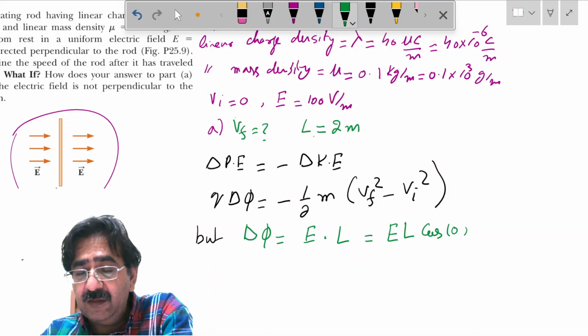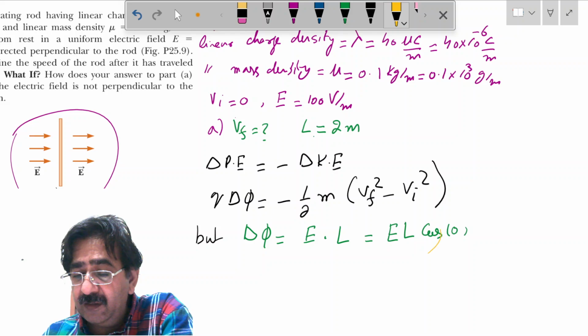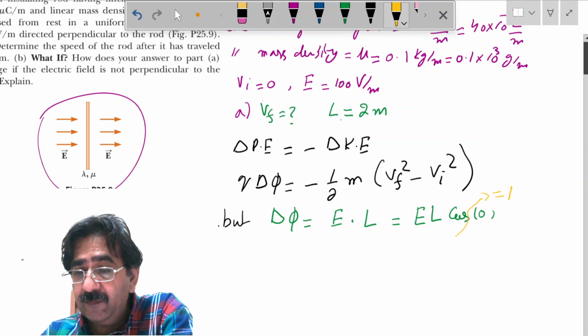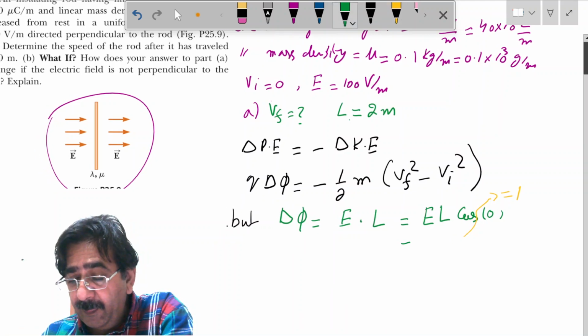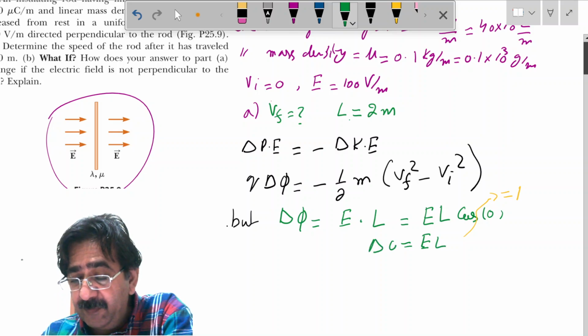So the angle between the electric field and the movement will be zero, meaning cos is equal to 1. So delta phi will be equal to EL.